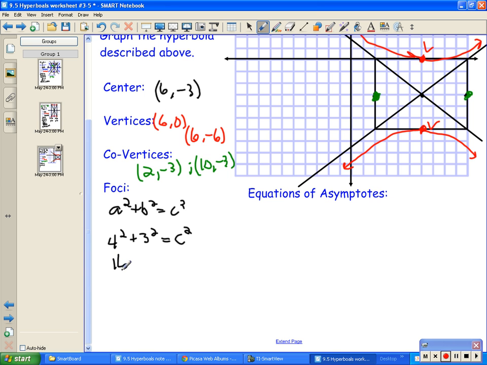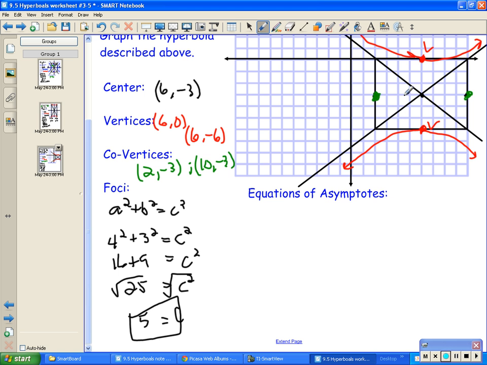So that's 16 plus 9 equals c squared. 16 and 9 is 25. And then we square root, and c is 5. So anyway, it's 5 away from the center.